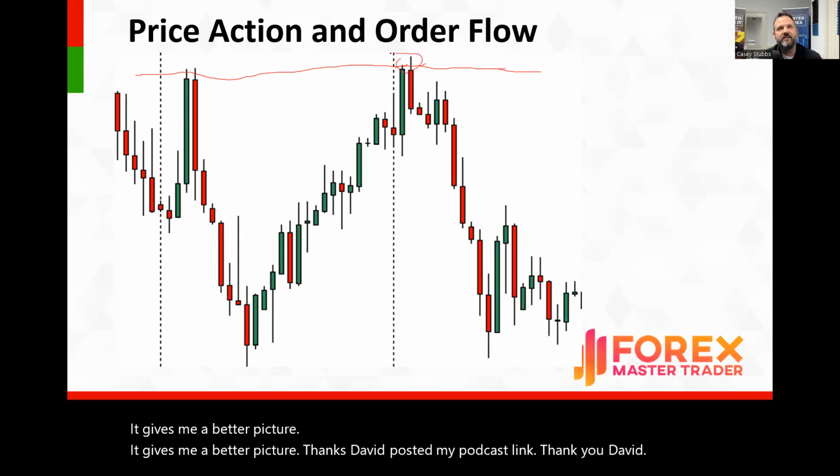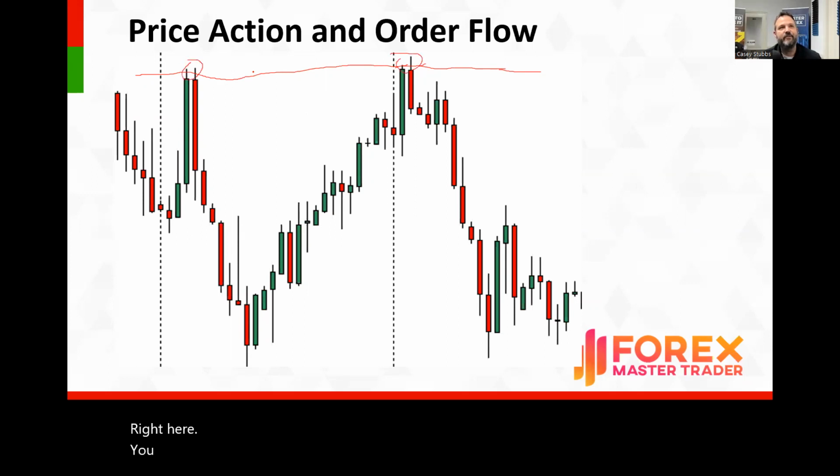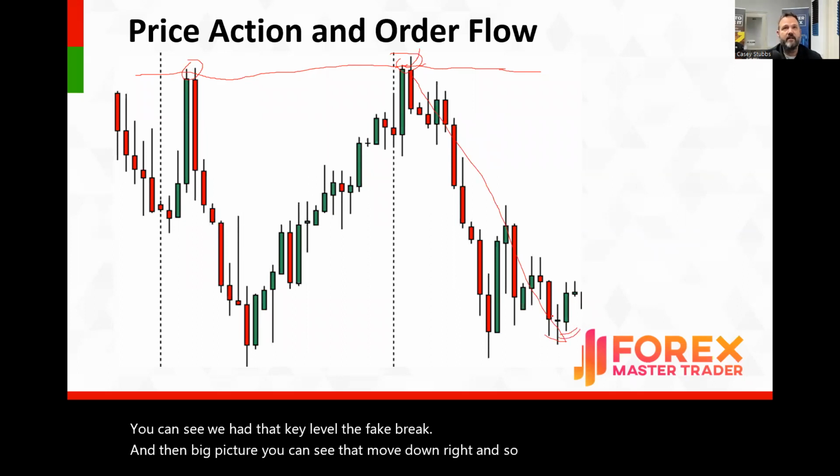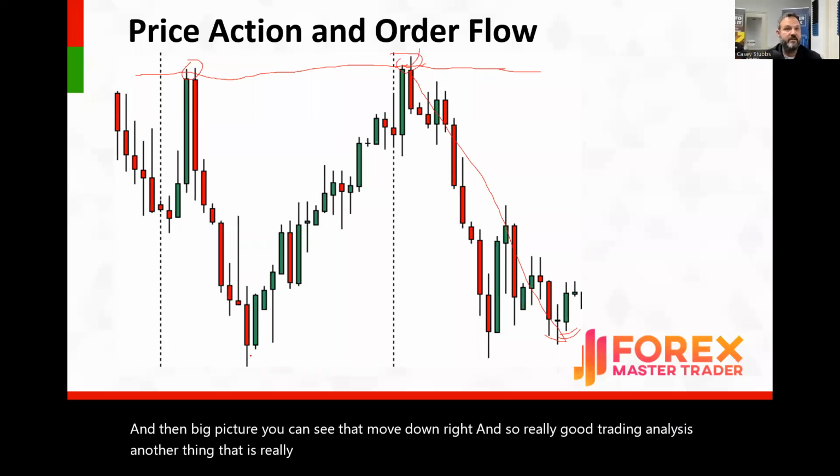Right here, you can see we had that key level, the fake break, and then big picture, you can see that move down, right? And so really good trading analysis. Another thing that is really important, I believe, that you can look at too for price action is trend lines.